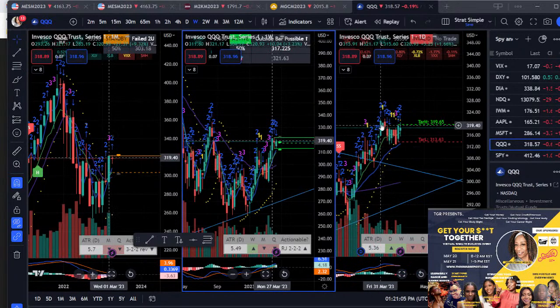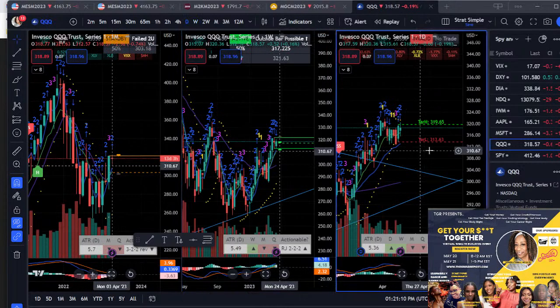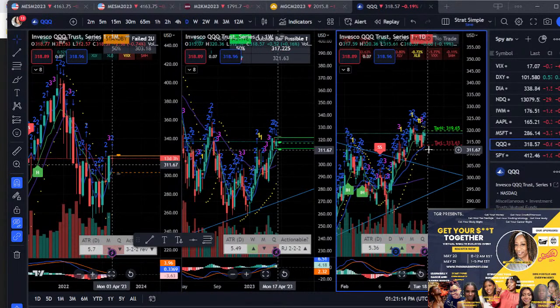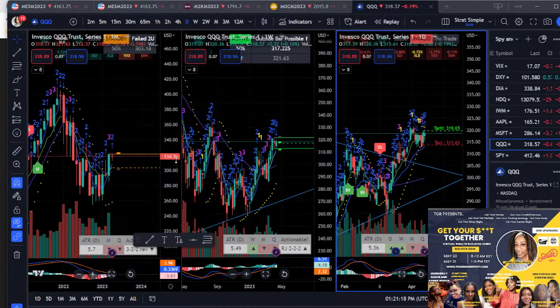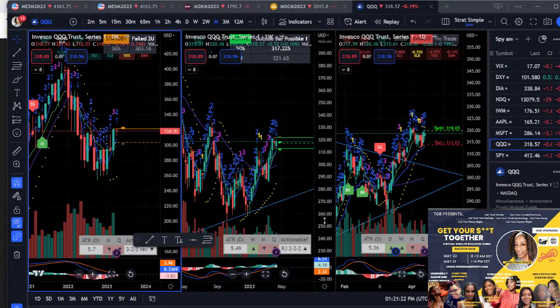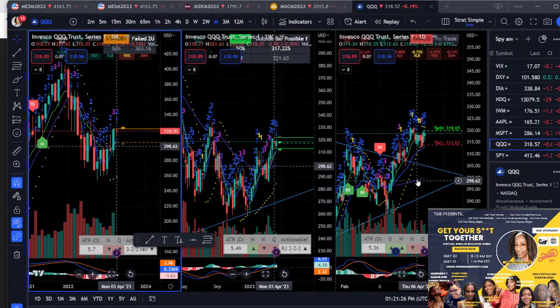So no specific pattern here. Well, cup and handle. But yeah, watching this to see if it continues to the upside, as we do have magnitude where we can continue, and we do for the most part have time frame continuity.